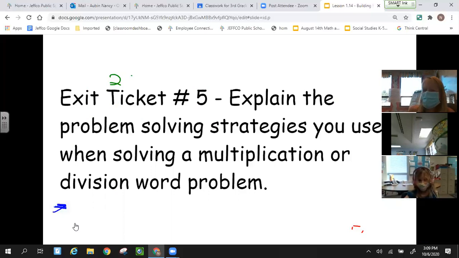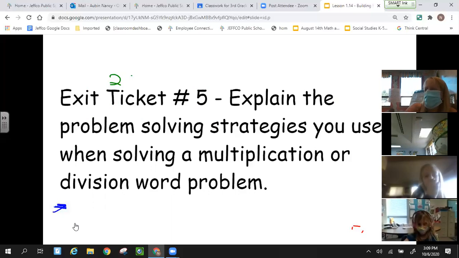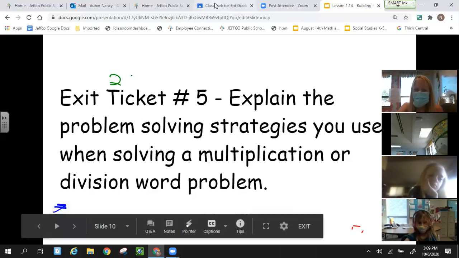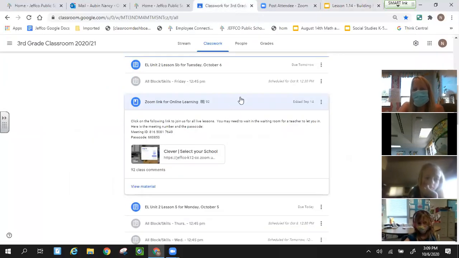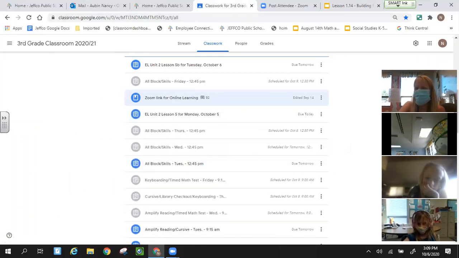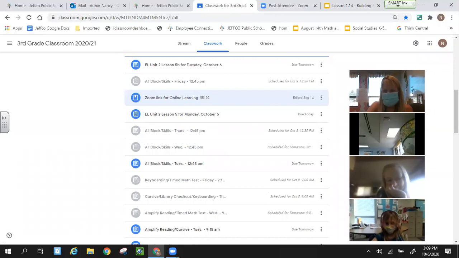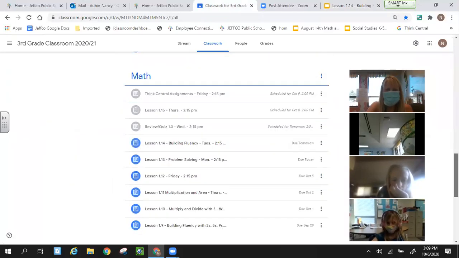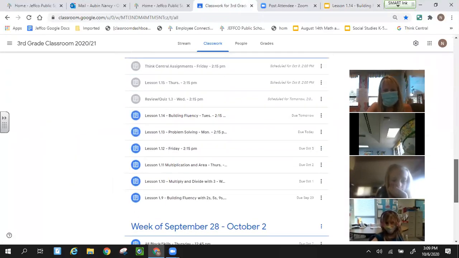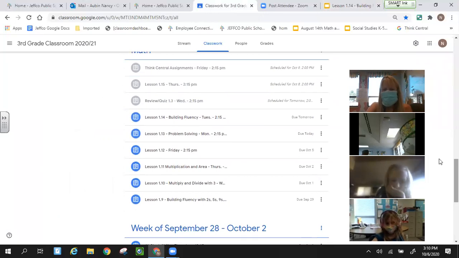Any questions about this exit ticket? Anybody have a question? Now, if you are remote, here's what I want to show you. And Leo, watch carefully. When you go to your classwork and you are on the assignment, okay? So today's assignment is Building Fluency, lesson 1.14.